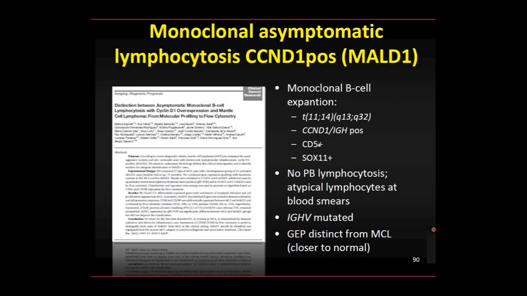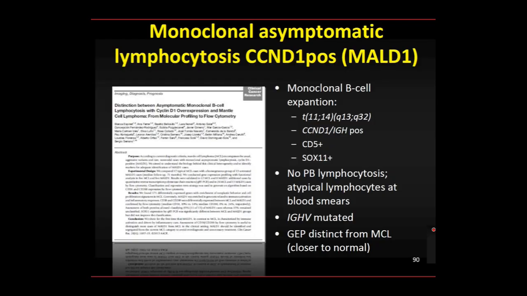So we have cells that are absolutely consistent with mantle cell lymphoma, but just a few scattered cells in the peripheral blood, no splenomegaly, no clear obvious infiltration of the bone marrow, so it's not the indolent form. It's really the same cells as classical mantle cell lymphoma.